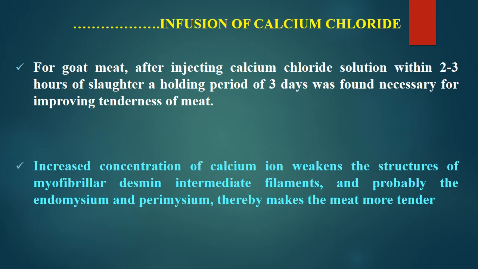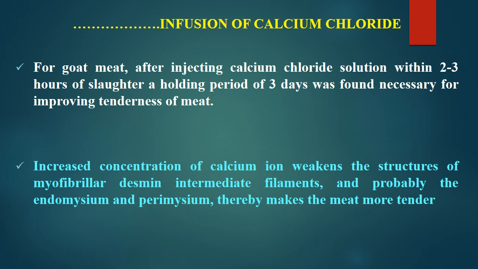In continuation about the calcium chloride infusion, for goat meat, after injecting calcium chloride solution within 2 to 3 hours of slaughter, a holding period of 3 days was found necessary for improving tenderness of meat. So in case of goat meat, it was found that the injection is done 2 to 3 hours after slaughter, and only after 3 days is optimum tenderness obtained.